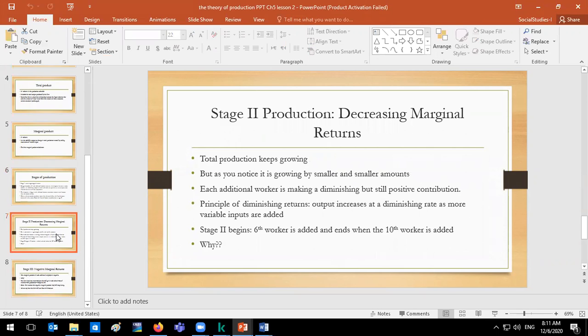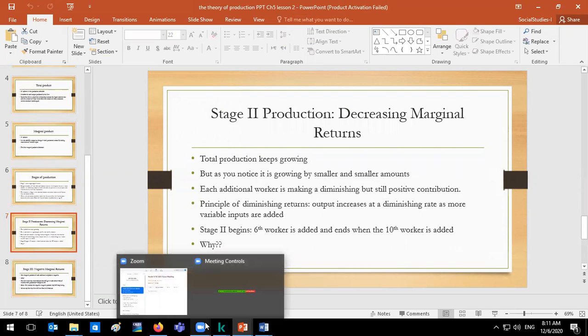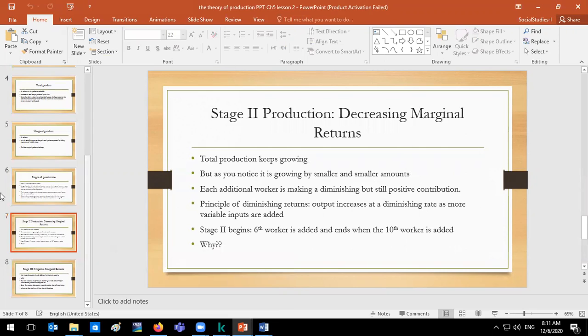Remember, because the negative is going to be my stage three. So as long as you're positive, but your marginal product is decreasing, that means you're at the diminishing marginal returns. So it starts at employee number 6 and it ends at employee number 10.